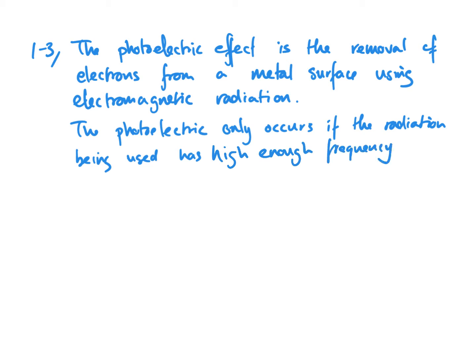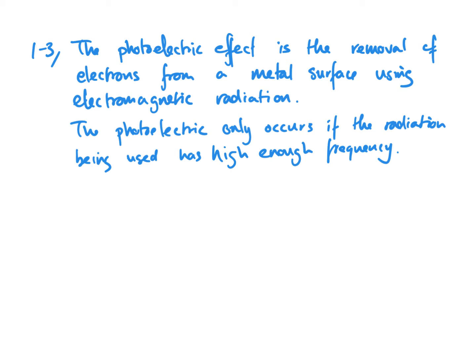And we'll come back later and define what we mean by high enough. And it doesn't matter how strong or how bright a source is, if it doesn't have a high enough frequency, it doesn't cause a photoelectric effect. And the opposite is true. If it's got a high enough frequency, it can be a really weak light source and it still causes it.